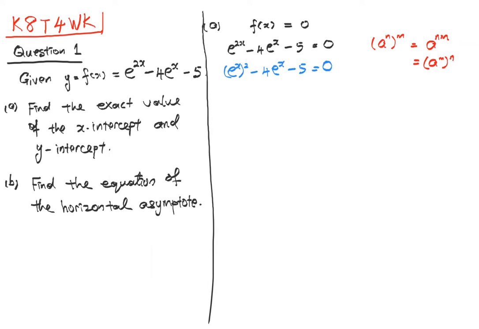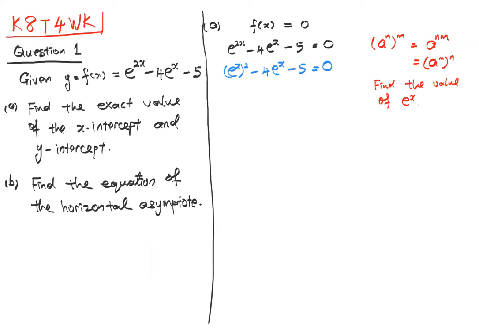So now we have to take note. I will not be able to know x until and unless I know the value of e to the power of x. So now I have to find the value of e to the power x first.